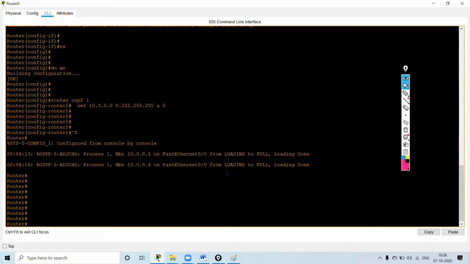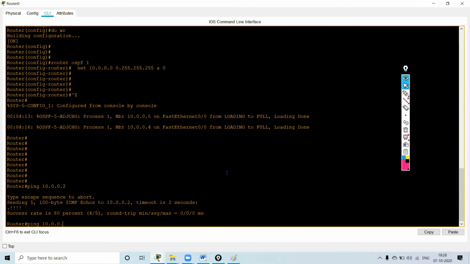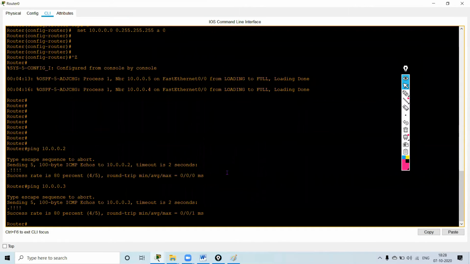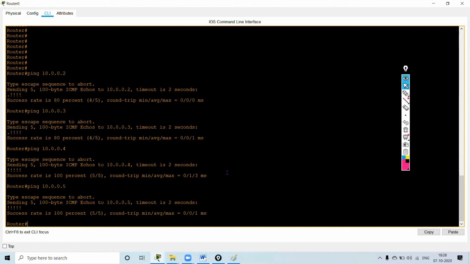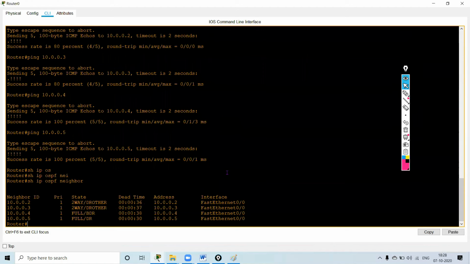Okay, ping 10.0.0.2, 3, 4, 5. Show IP OSPF neighbors. See, I'm having neighborship with 2, 3, 4, and 5 over here.